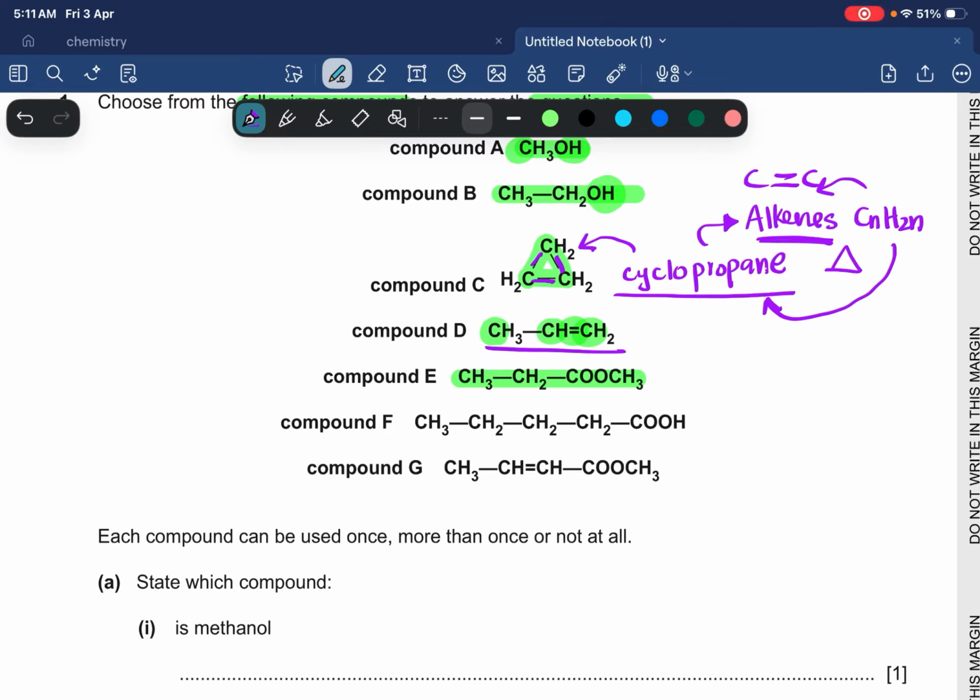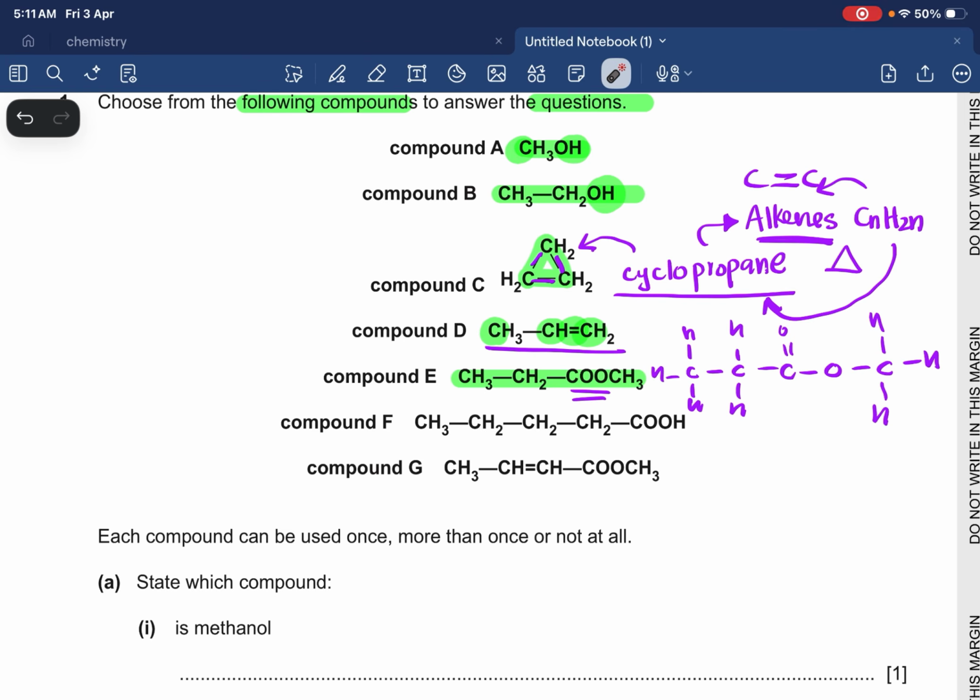Let's draw it and then understand it. I know it's an ester. How do I know it? Because of this COO. So CH3, then there is a CH2, then a C double bond O, O, CH3.